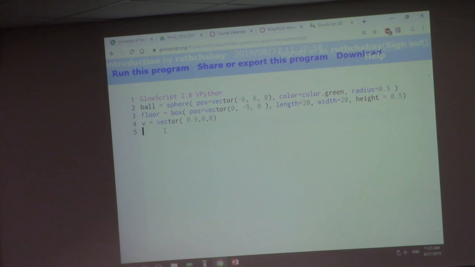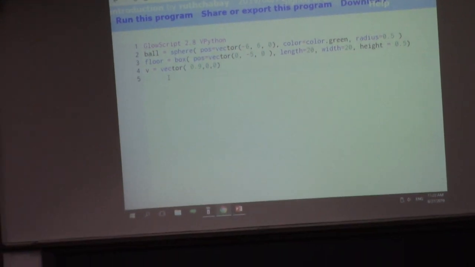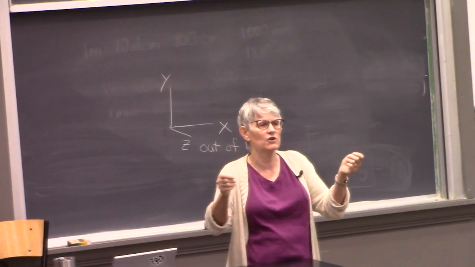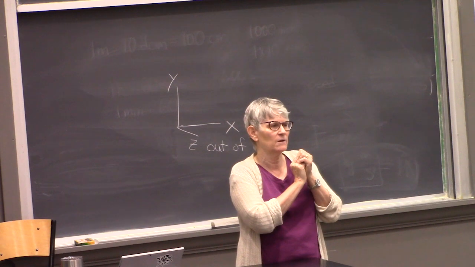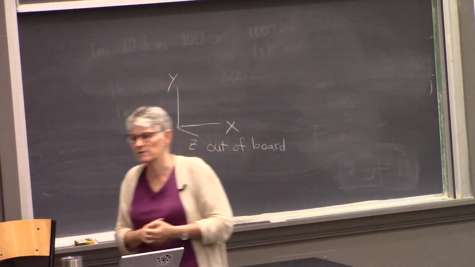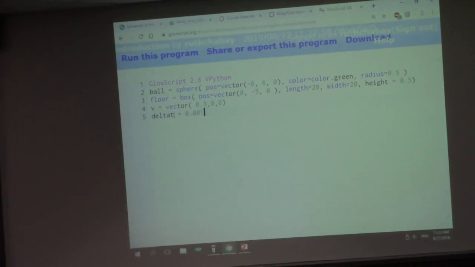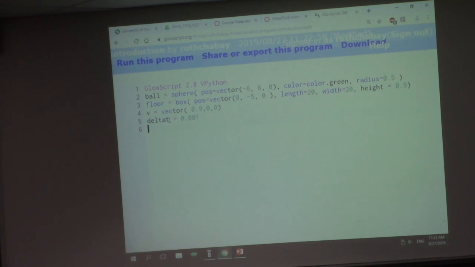So what we're going to do is just animate the motion by taking little steps, just like a movie frame. And we'll use the velocity to tell us how far it should go in a particular little time step. So we'll have a delta t, a little time step of 0.001 seconds, so a millisecond. That's not very long.